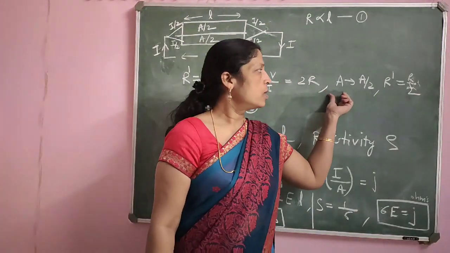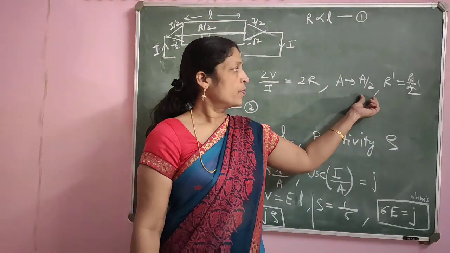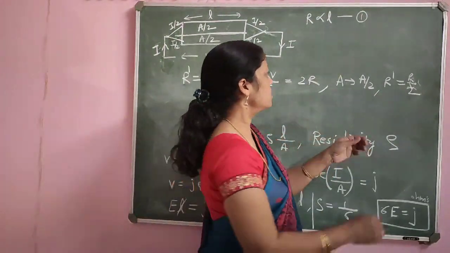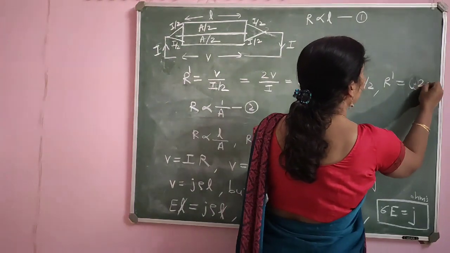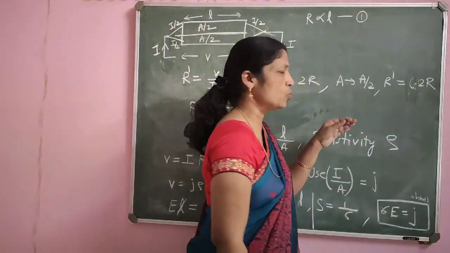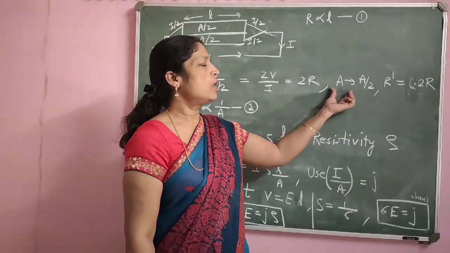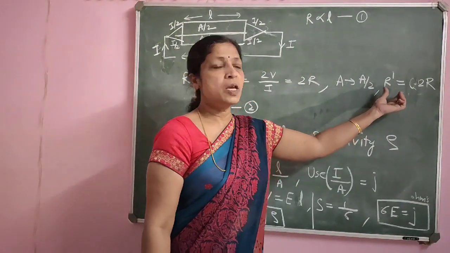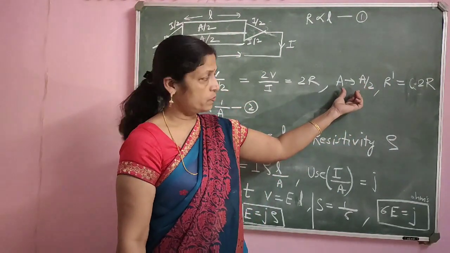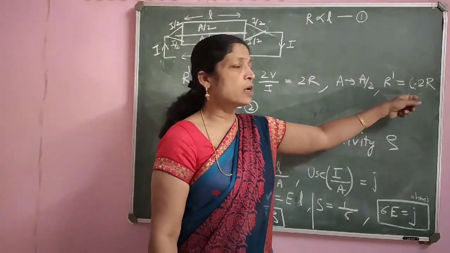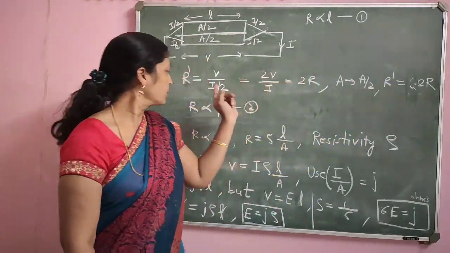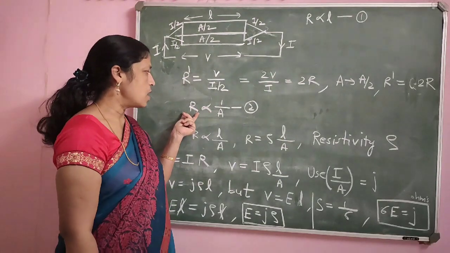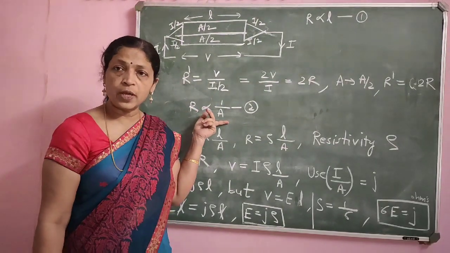When the area becomes half, the resistance becomes 2R. That means area and resistance are inversely proportional to each other. One is decreasing and another is increasing. So we can write R inversely proportional to the area of a conductor.